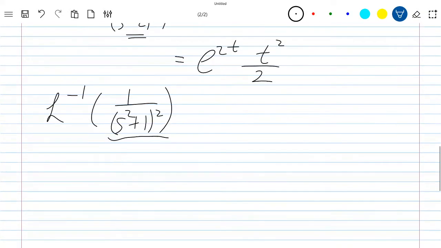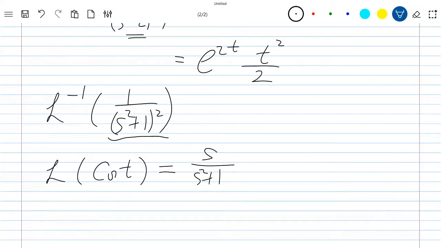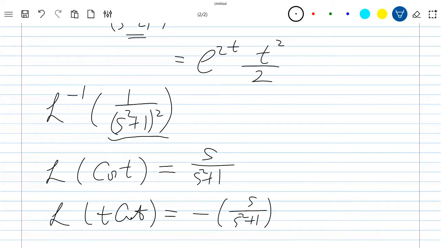Let's look at cosine. So let's see, what do you have if you do cosine t? Then, of course, you know it's s over s squared plus 1, right? What if you do t cosine t? Then you can take its derivative and a negative sign, right?